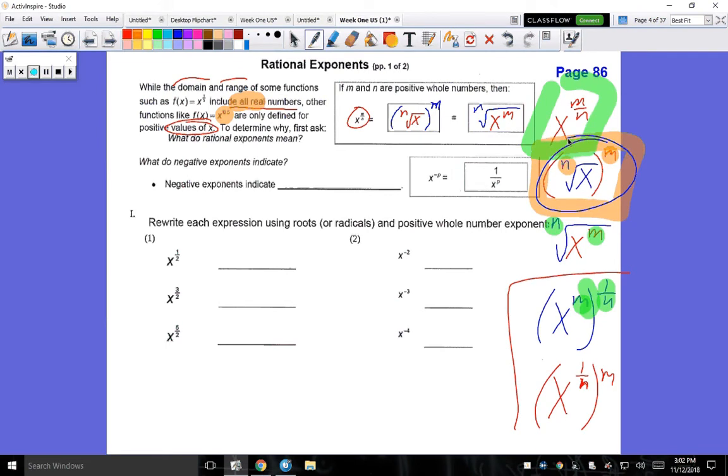Ooh, boy, that's 3 points right there. Because multiplication has no order, okay? 2 times 3 is the same as 3 times 2. And these rational exponents are forms of multiplication. If you have x to the power of 3, that is a form of multiplication. Do you understand? Multiplication does not have order.